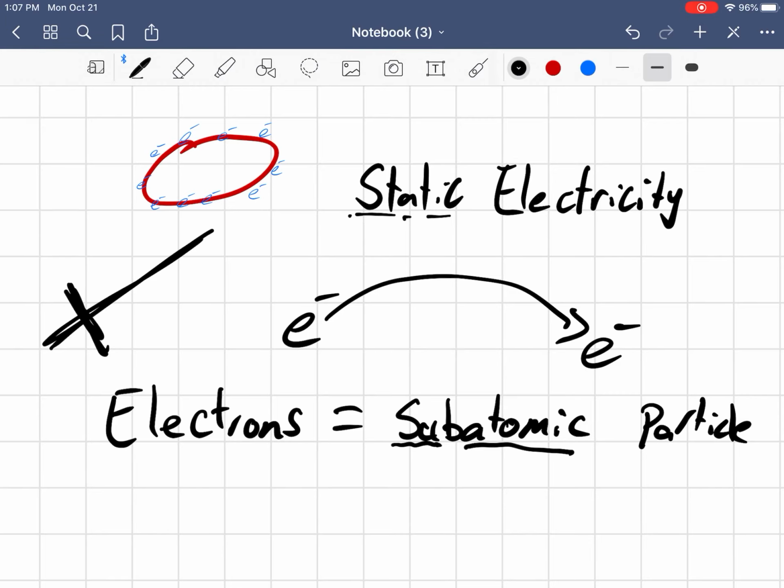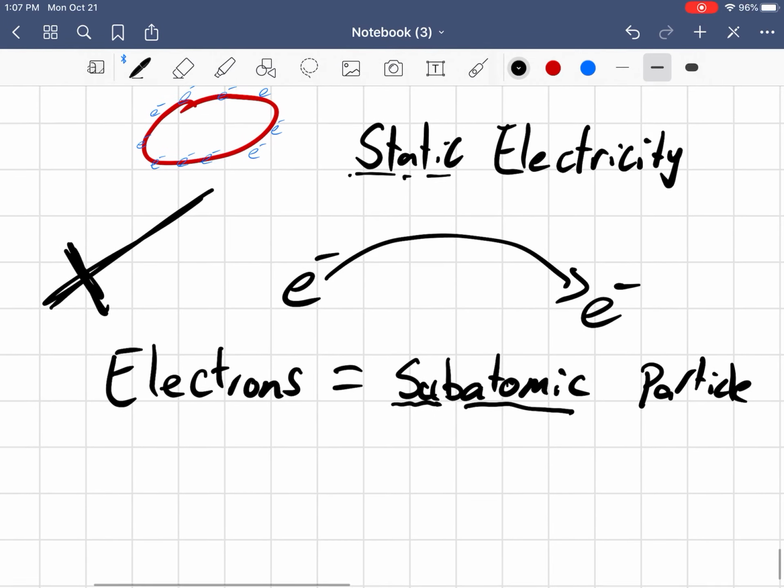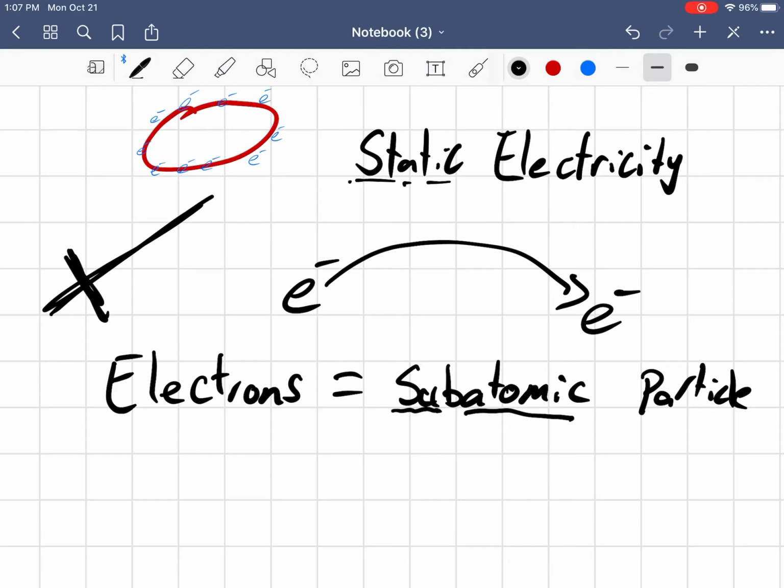So they're smaller than an atom, and these electrons, because they are so small, can actually move away from their given atoms and fill the aluminum ring.